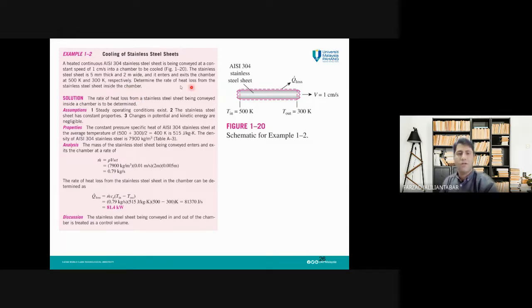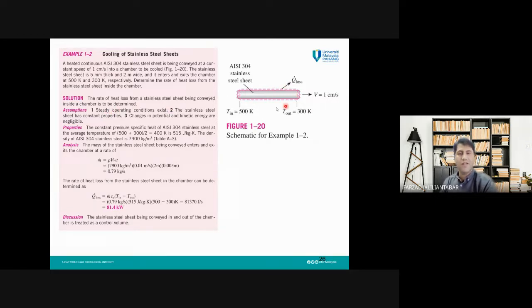Again here, we can write the word heat loss. Why? Because you can see the initial temperature of the sheet is 500 Kelvin and the final temperature is 300 Kelvin. So it means the temperature has dropped and we have heat loss from the sheet. Now again, we need to make good assumptions. First of all, we need to imagine a steady operating condition exists.